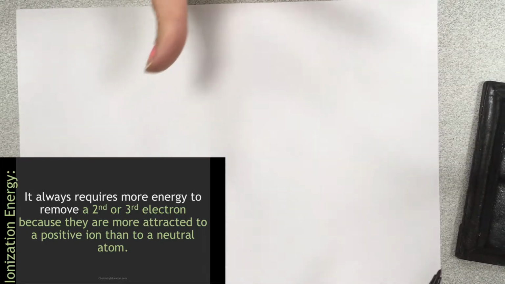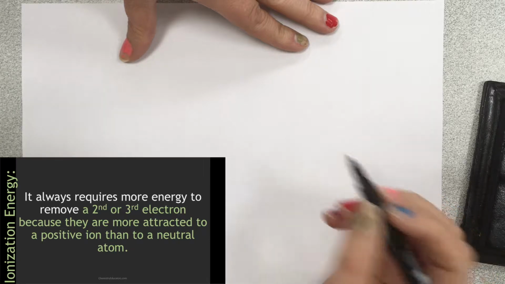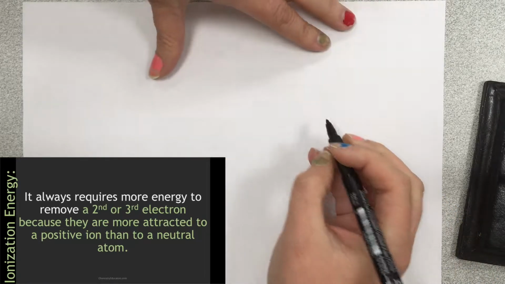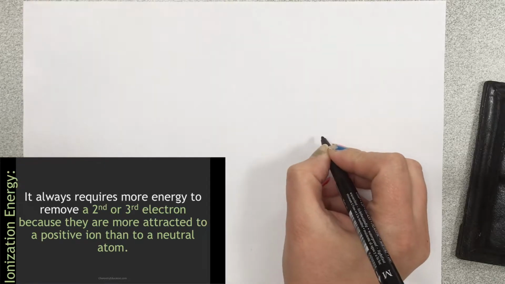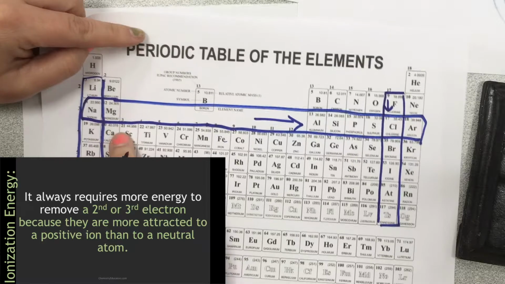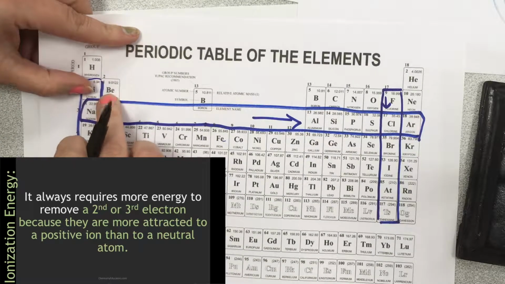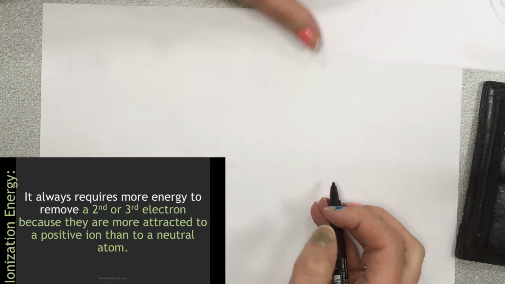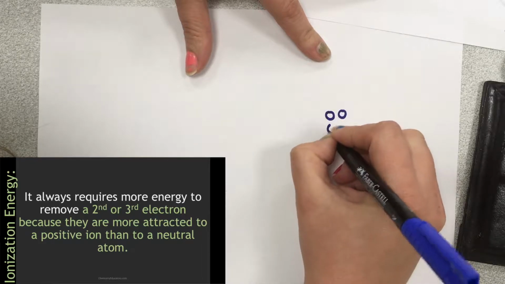So we're saying that we have, I don't know, let's pick magnesium. So we have magnesium, and we'll draw its nucleus. Magnesium is atomic number 12. Let's do beryllium so I don't have to draw 12 protons. Beryllium is atomic number 4. So we have 4 protons with beryllium.